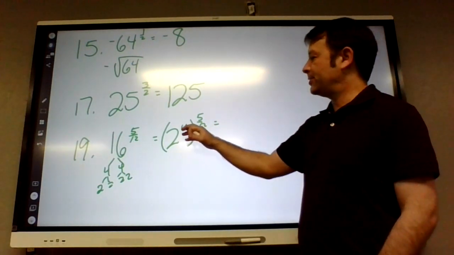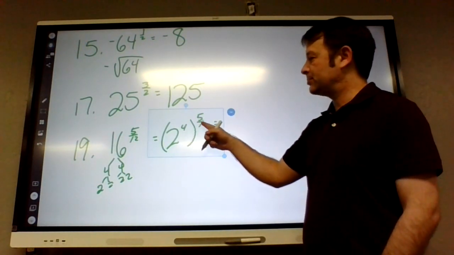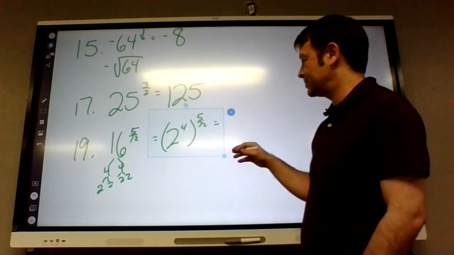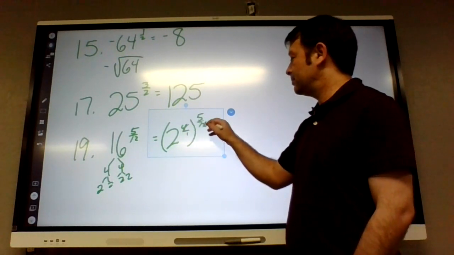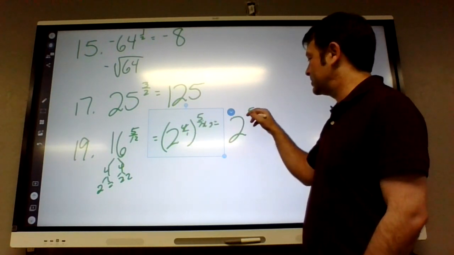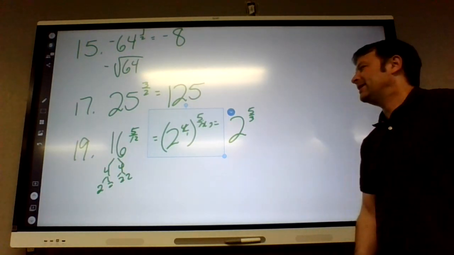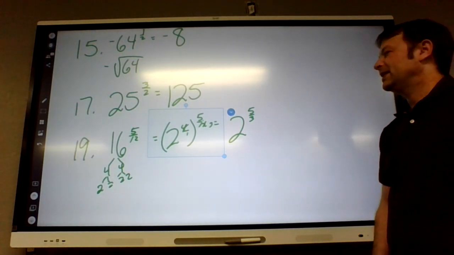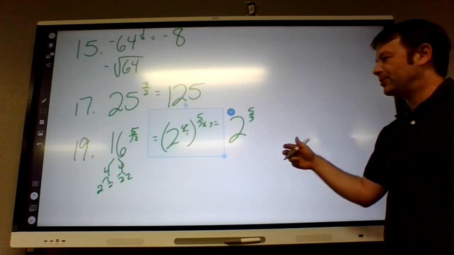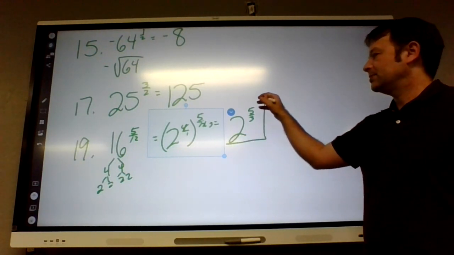And if you multiply those powers together, which is what you would do, 4 times 5/12, it's 2 to the 5/3. They didn't really say you had to do radical form, so I'll just stop there. We'll call that good.